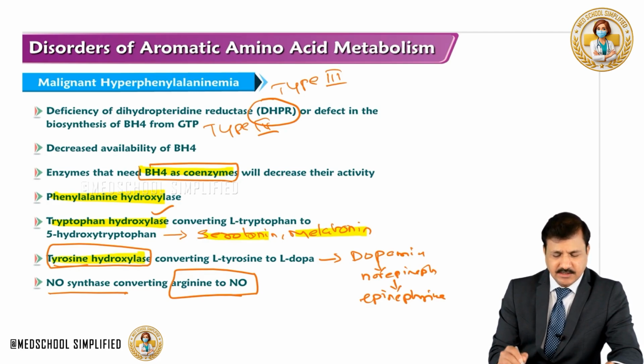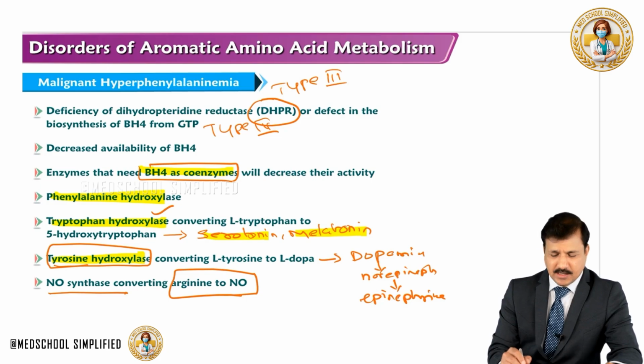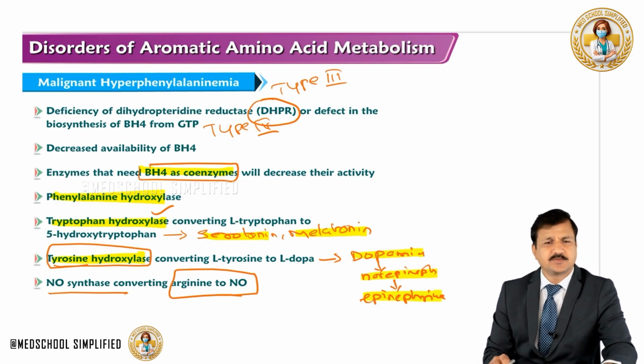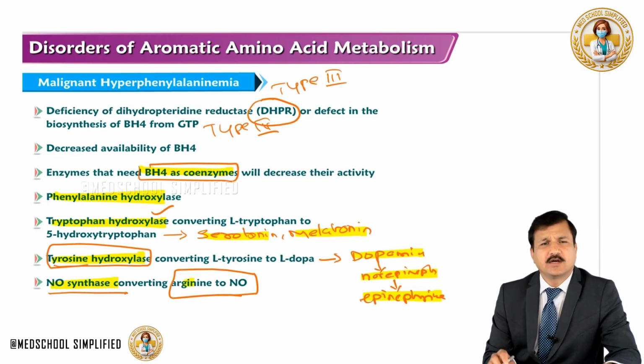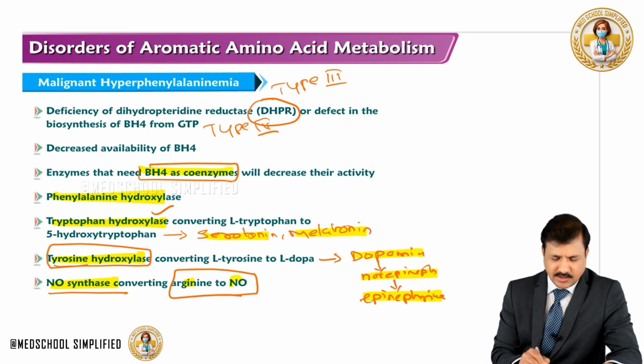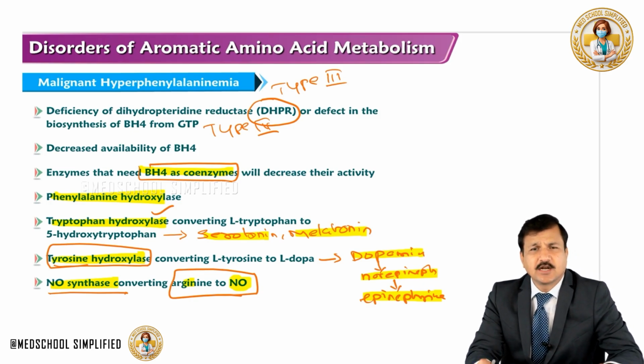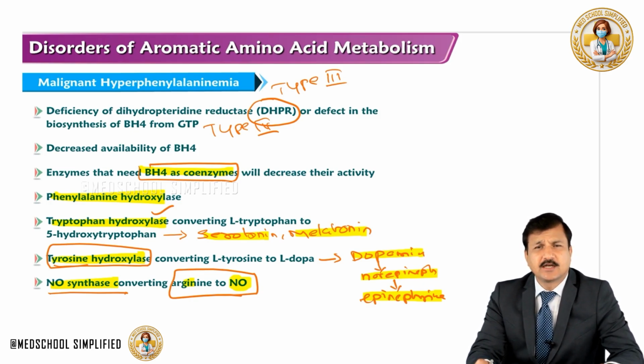Tyrosine hydroxylase, which is involved in the conversion of tyrosine into DOPA, and DOPA to dopamine, norepinephrine, epinephrine, these three neurotransmitters. And also it is involved in the conversion of arginine into nitric oxide by nitric oxide synthase. So nitric oxide is also a neurotransmitter in the central nervous system. It is a vasodilator and also it is an immunomodulator.